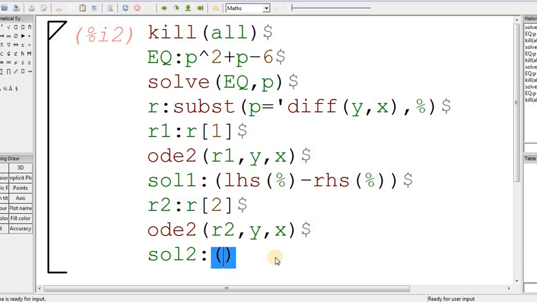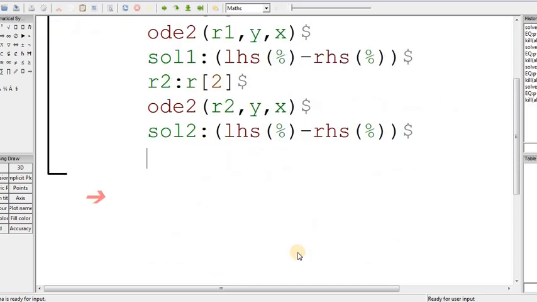Open bracket, and write its solution, LHS minus RHS, inside the bracket, and give the percentage outside of this bracket. Now this completes the first solution with respect to the first root and the second solution with respect to the second root.